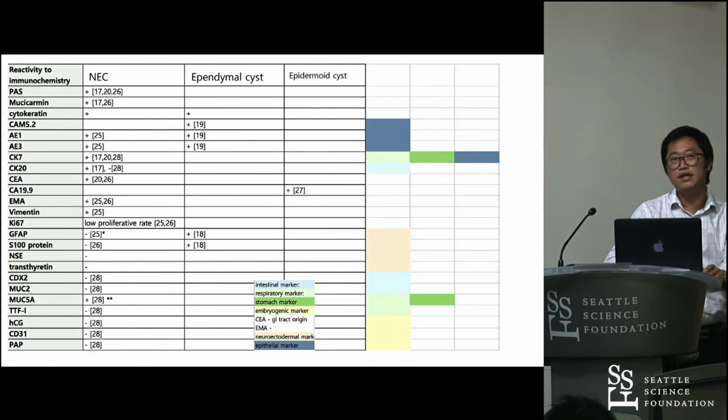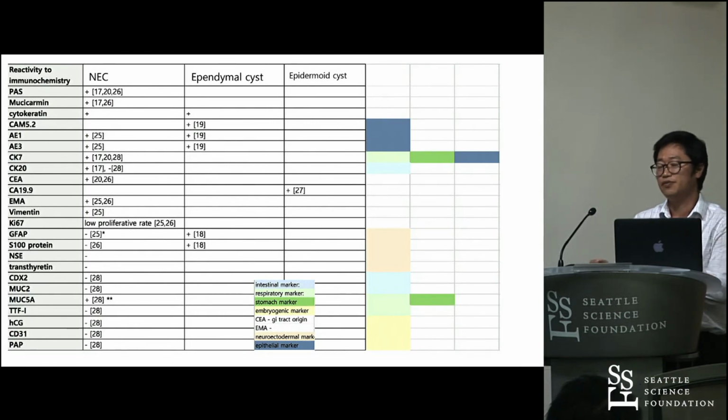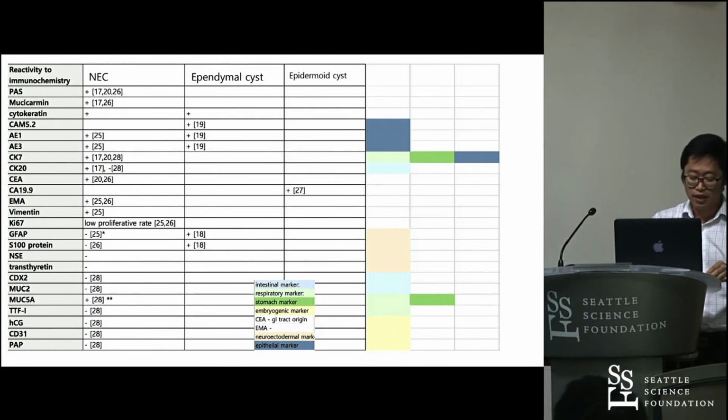The recurrence rate ranged on a spectrum because some of the case studies had 0%. They observed for 6 years, but other studies that followed up with the patients for more than 15 years found about a 38% recurrence rate. So it depends also on the remaining residual tissue. If the surgeon has the chance to remove the cystic lining completely from the spinal cord, then the recurrence rate was really low.